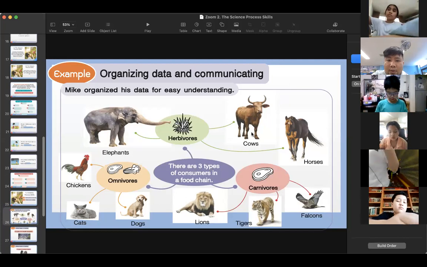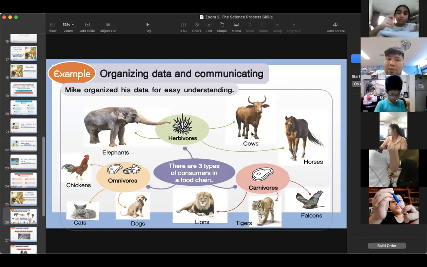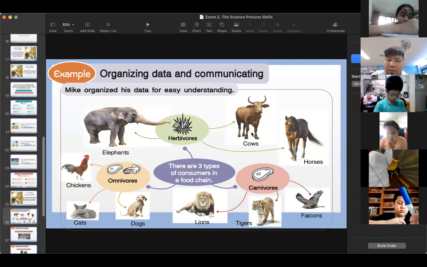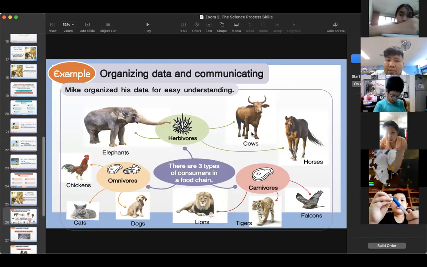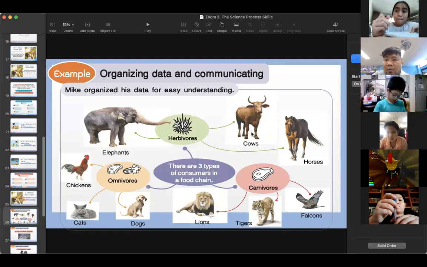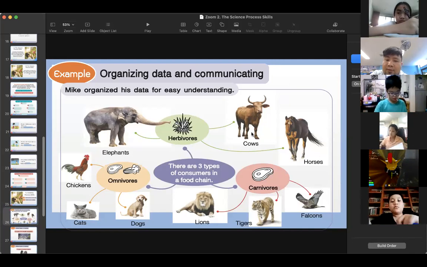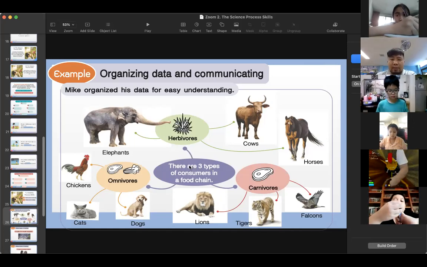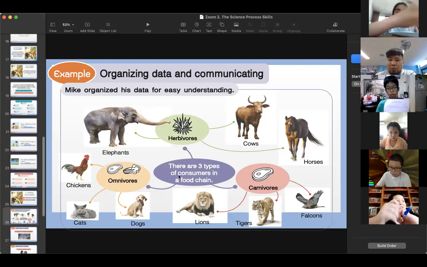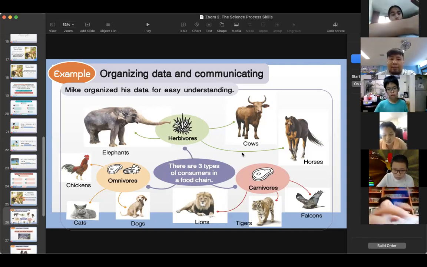Okay. So in the worksheets, you also have to organize the data, wherein it's the same as what you did to understand the 3 types of consumers and food chain. So you have the first page wherein you do the same, but in this one you make it like a mind map.